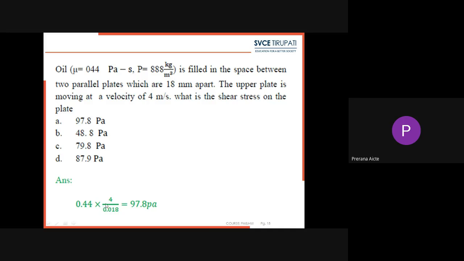Mu is the viscosity, du is the change in velocity and dy is the change in the distance. By substituting the values, 0.44 into 4 by 0.018, we get the shear stress acting on the plate as 97.8 pascals.